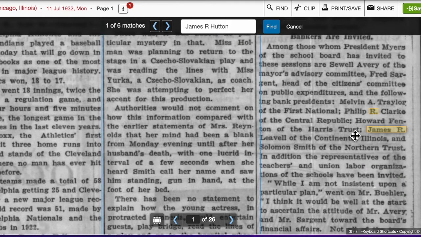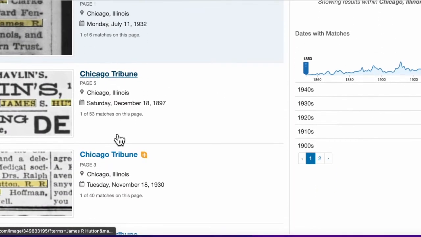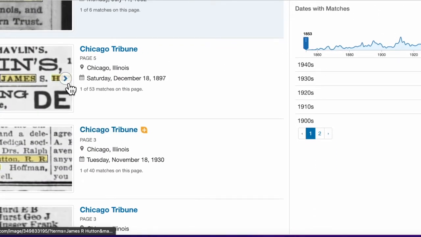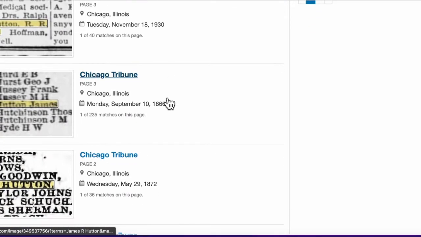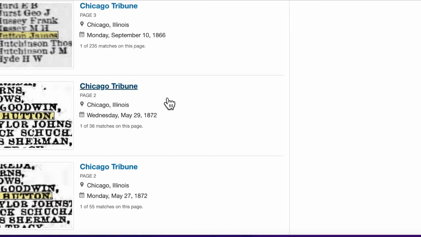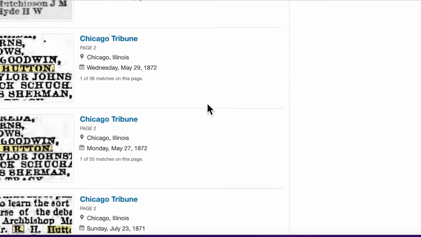And in this case, it's not. It's James R. Lavelle. So I will go back. And as you can see, the different searches show a James S. Hutton, and then an R.R. Hutton. So these are the types of things that you will find when you are doing your search, is that a lot of different Huttons pop up.